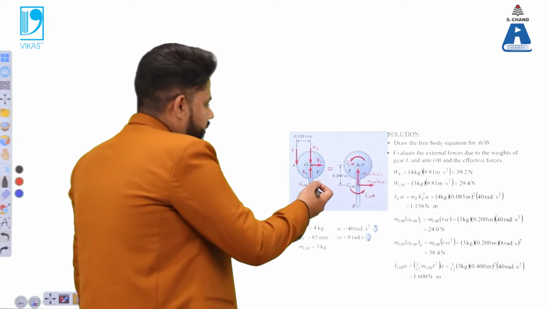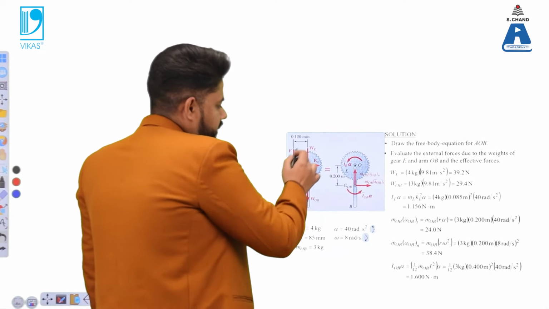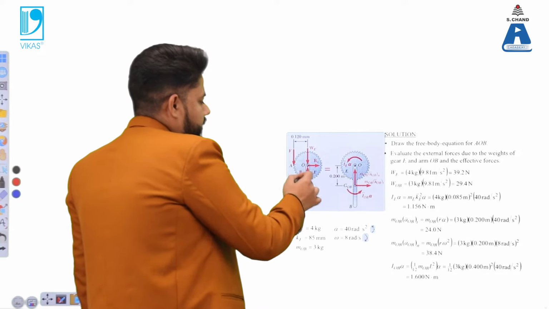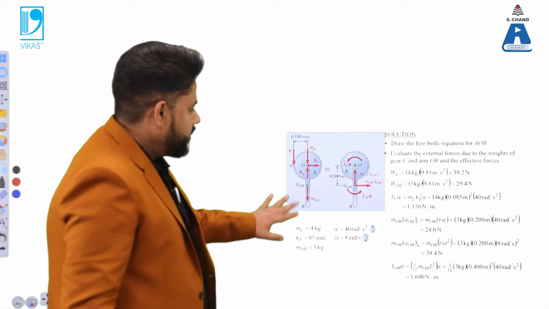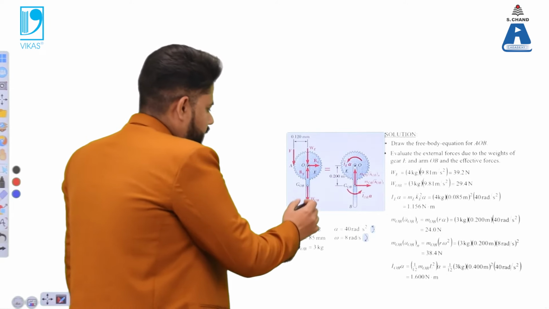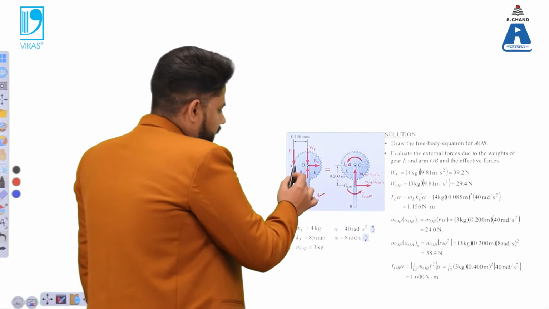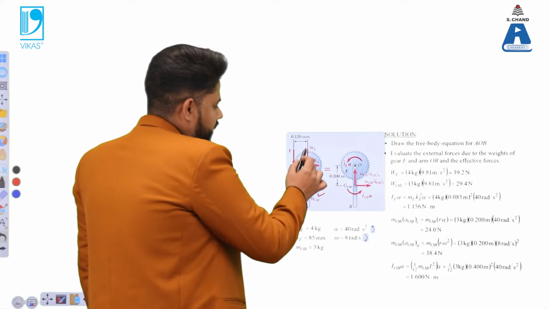So we can use a diagram which indicates that the gear AOB is there, and there are several forces. One force is WOB, another force is the reaction force, and this X direction force is there.